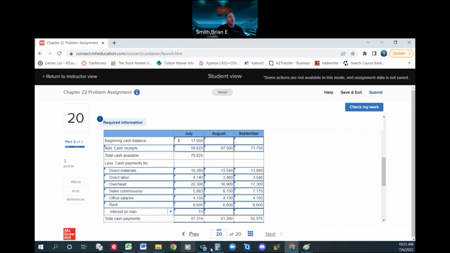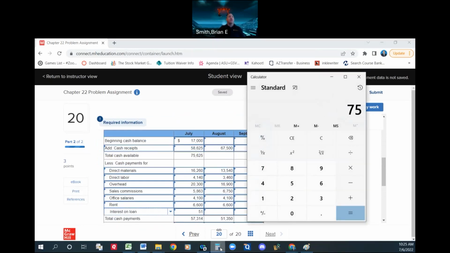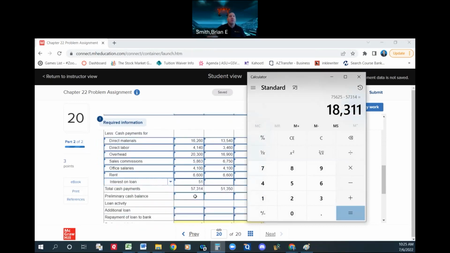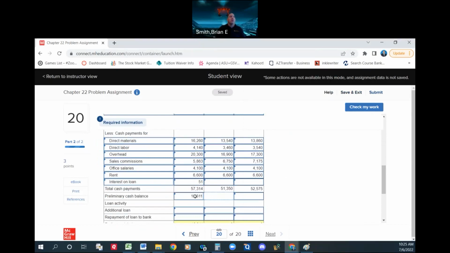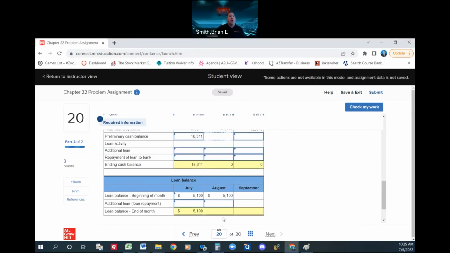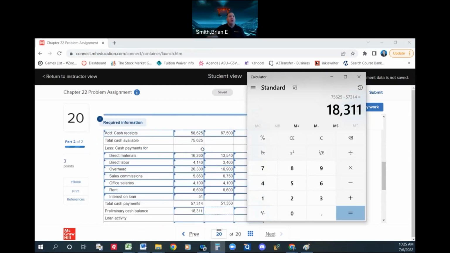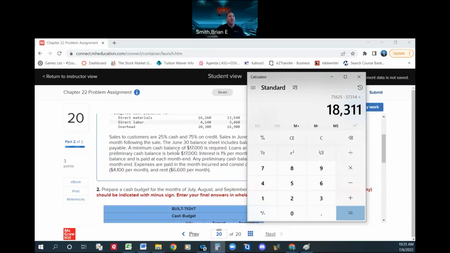So let's do our preliminary cash balances. We got 75,625 minus 57,314. That gives us 18,311. So in this case, we're above our preliminary amount of 17,000, which is what we need. We come up here, we need to have 17,000.